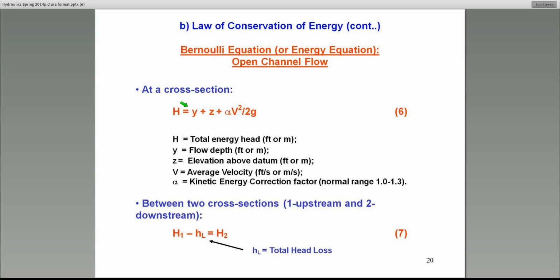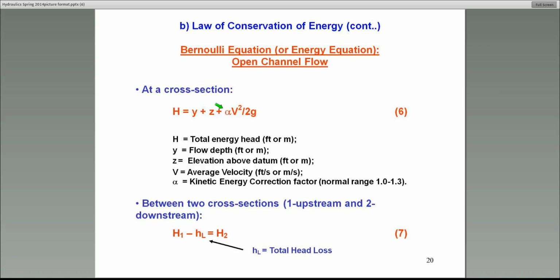I won't get into the debate about whether that is accurate enough. We're just going to use it for small slope channels. It's quite reasonable to assume the vertical flow depth represents the hydrostatic pressure at the bottom. Finally, Z, that's the elevation of the channel bottom. Remember that. And of course, V squared over 2g, kinetic energy.